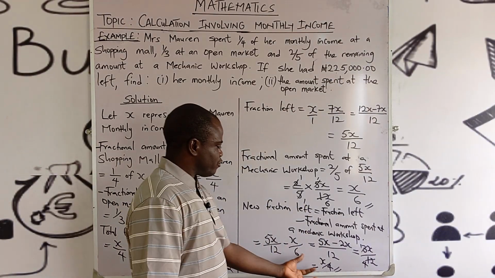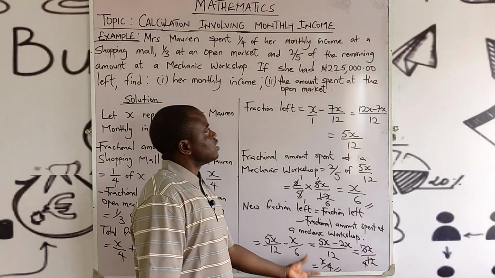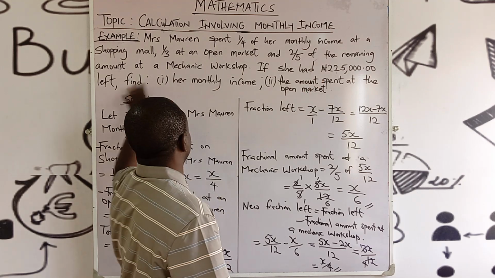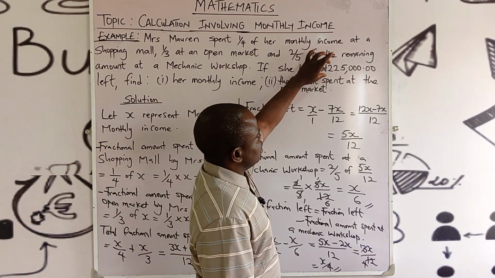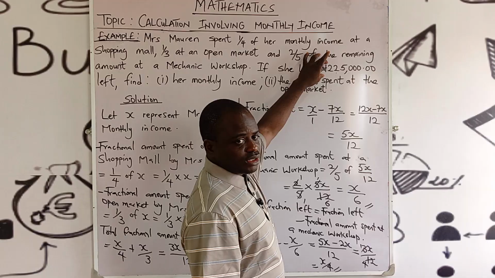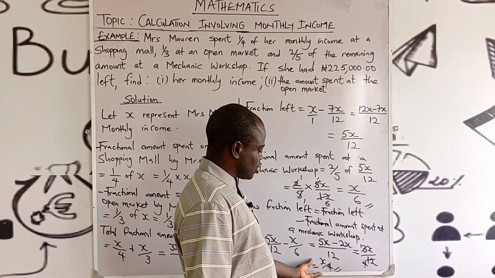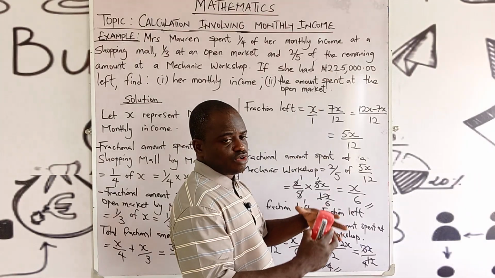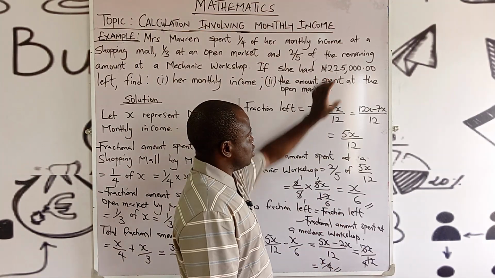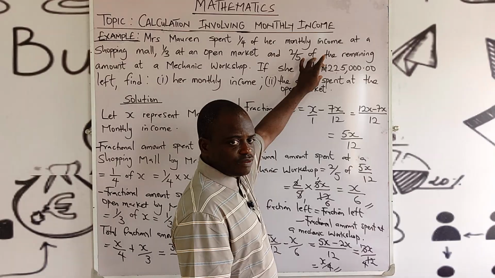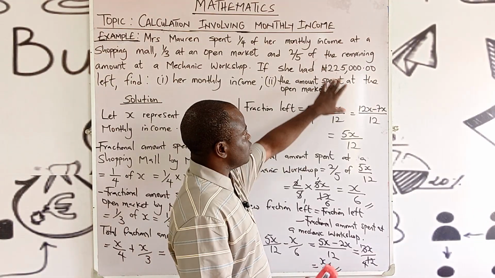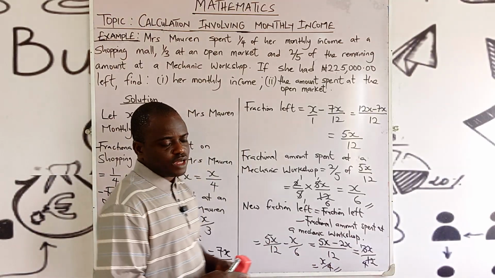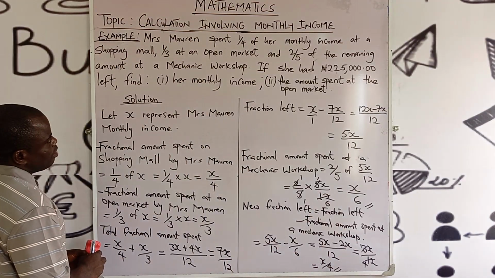It means the new fraction left will be equated to the amount left, because this is the real amount left, while the other is the fractional representation of the real amount left. You have to equate them together and look for your X.